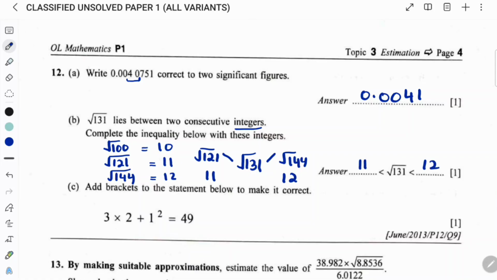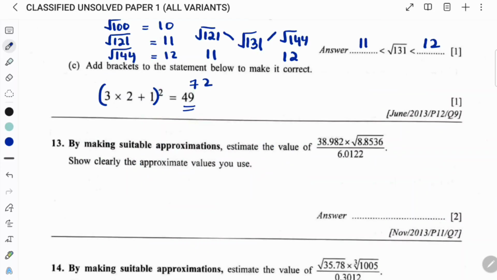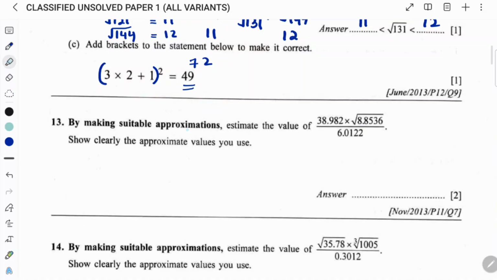Now the next question: add brackets to the statement below to make it correct. So this is 49, it's 7 squared, 3 to the 6 plus 1, 7 squared. It's a very easy question. Okay, move on. The next one: by making suitable approximations, we don't need to round off anything and estimate here.